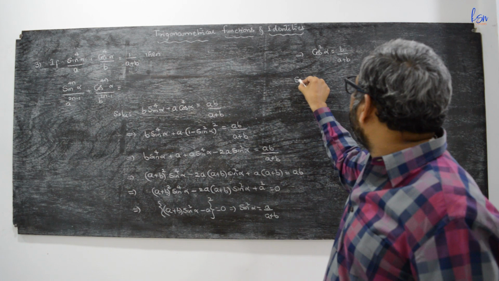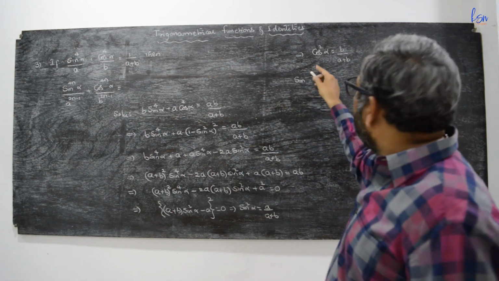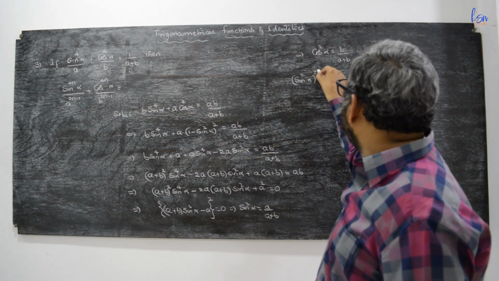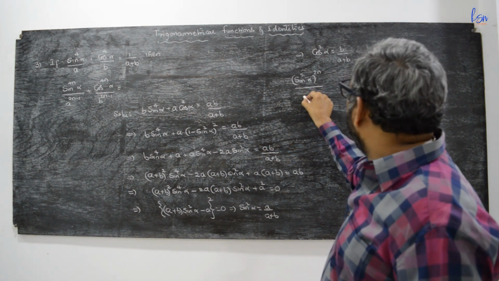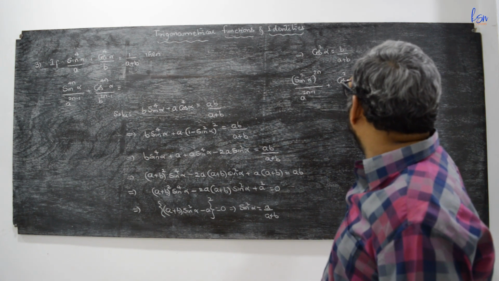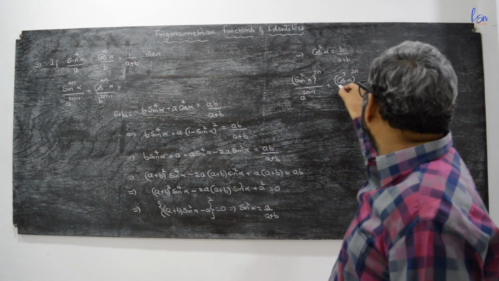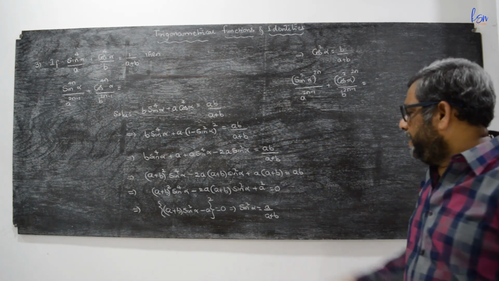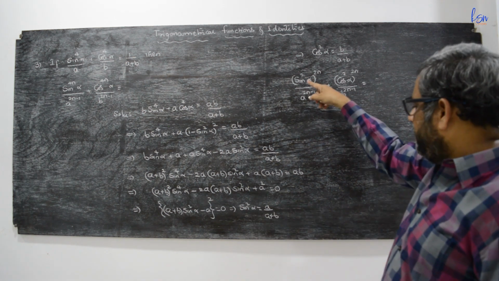Now sin alpha whole power 4n, that is sin square alpha whole power 2n by a to the power of 2n minus 1, plus cos square alpha whole power 2n by b to the power of 2n minus 1 is equal to, in place of sin square alpha we can write a by a plus b.